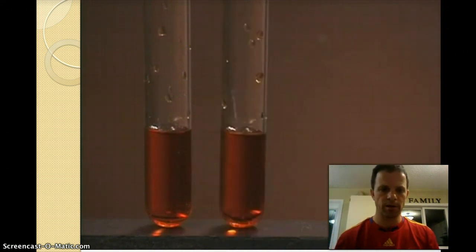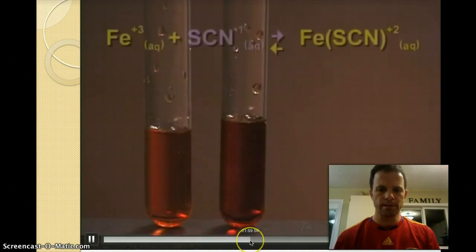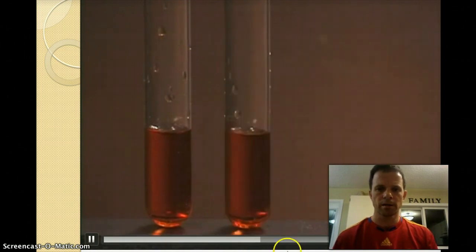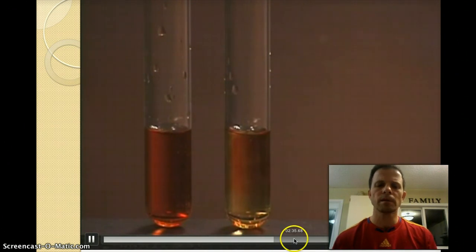So what happens if we do this again and we still have that control, but this time let's say we added SCN. Again, we're going to shift towards the product side to get rid of the SCN. Finally, we're going to add some OH. You can see it turning pale yellow, which is the color of the iron.